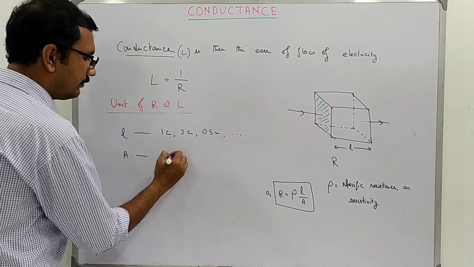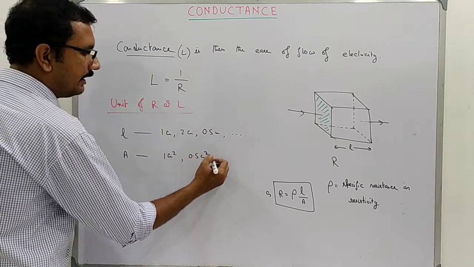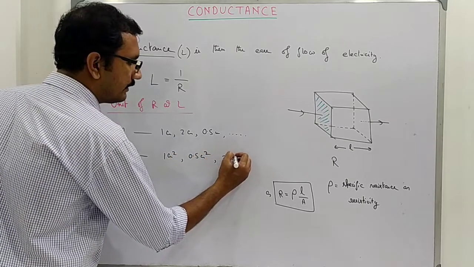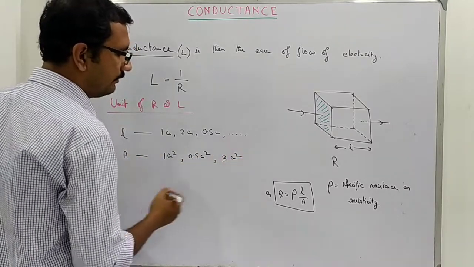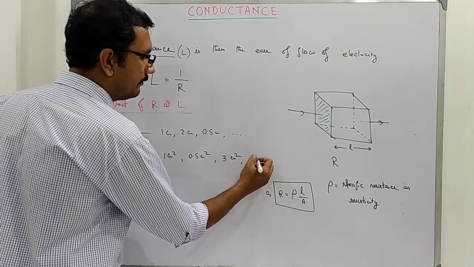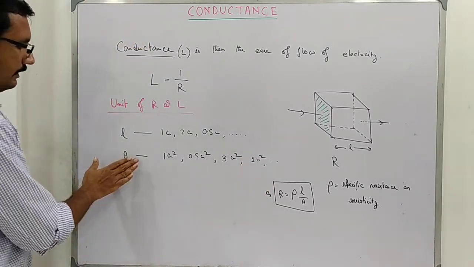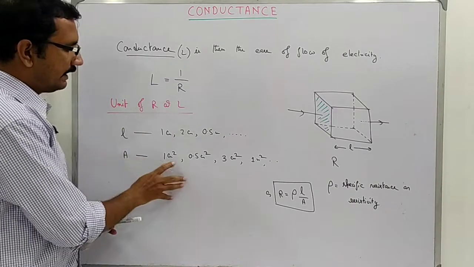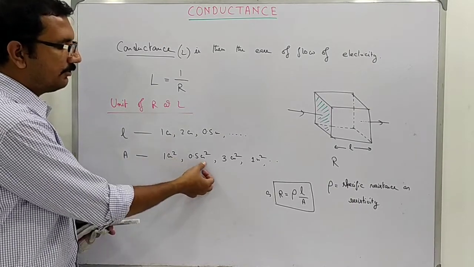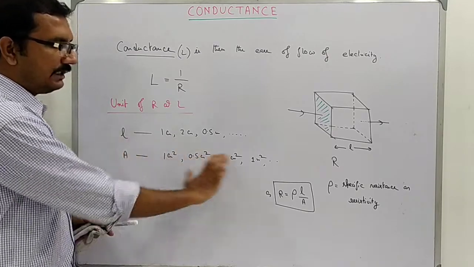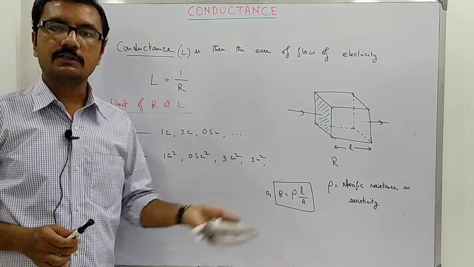It may be 1 square centimeter, it may be 0.5 square centimeter, it may be 3 square centimeter, it may take any value, it may be 1 meter square. Since this is area, we are getting it in terms of squared. So, it is 1 centimeter squared, 0.5 centimeter squared. It may take any values depending upon the shape of the conductor that is being considered.